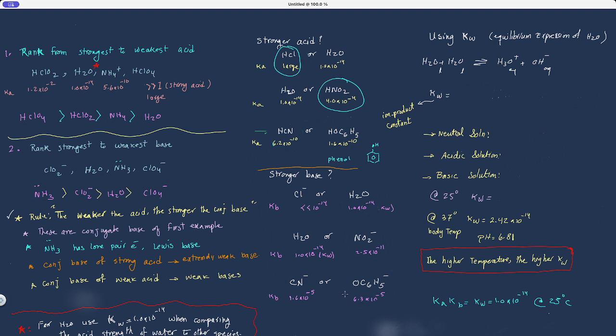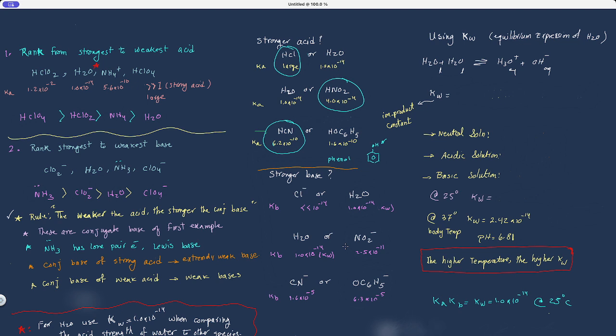For those of you who know organic chemistry, it is one of my favorite topics. I'll start recording some sessions for organic chemistry. This is called phenol, and this hydrogen is acidic hydrogen. By looking at the Ka, you need to have Ka, otherwise it's a little bit difficult. You notice HCN is a slightly larger number than Ka for phenol.